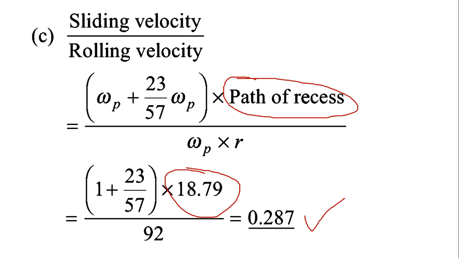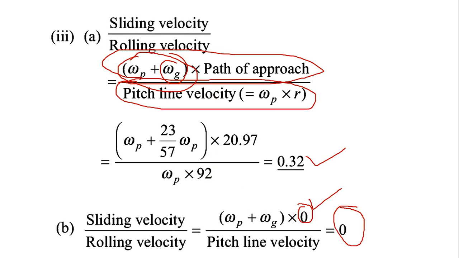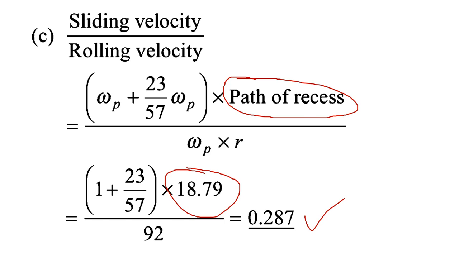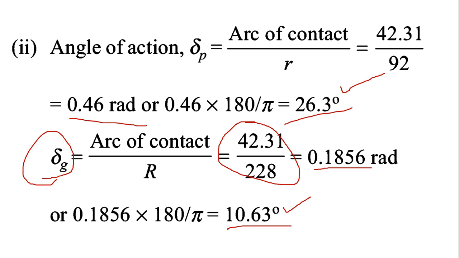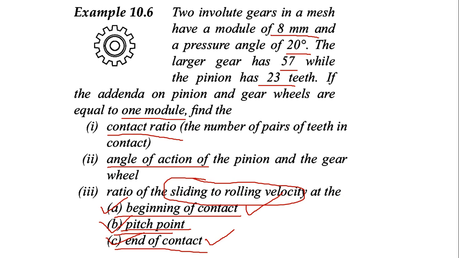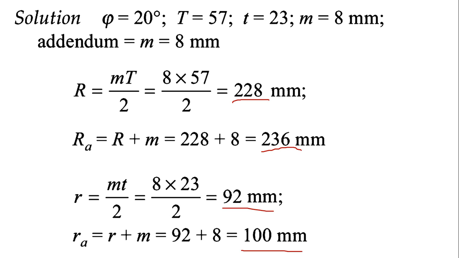Okay. So check these answers, 0.320 and 0.287. Is anyone getting the answer here? Yes, sir, getting near to that. Okay. So solve this problem, the same way you did in the last class. Read the cases correctly and solve this, then only you will understand.